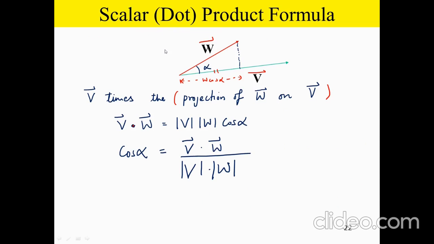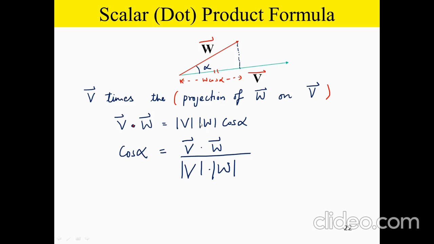So the first product that we will be talking about is the scalar or dot product. In this product you have multiplication of two vectors v and w, and when we multiply these two vectors in the dot format, we are taking the projection of the w vector on the v vector, and then multiplying that value by the magnitude of the v vector.